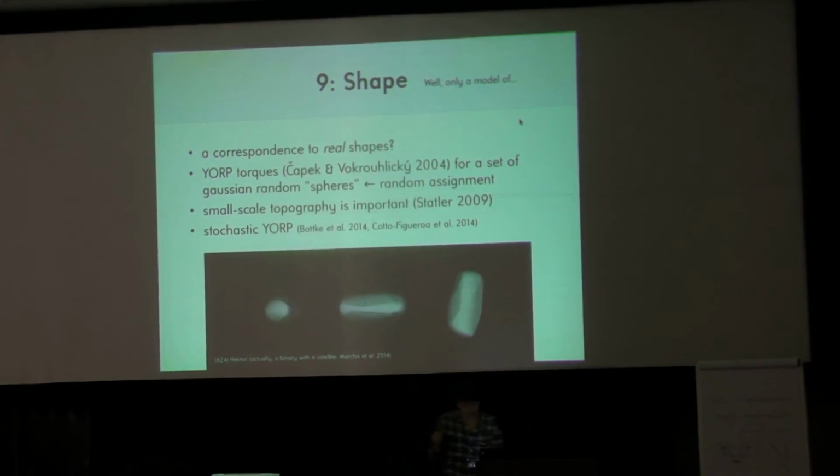We simply use a large set of shapes which are somehow compatible with the observed shapes, but we assign them on a random basis to particular objects, which I think is reasonable because even the small-scale topography, which cannot be captured in the shape model, affects the resulting Yarkovsky field. So I think the best solution is to assign it randomly and play with the C Yarkovsky value, the scaling of the Yarkovsky value.